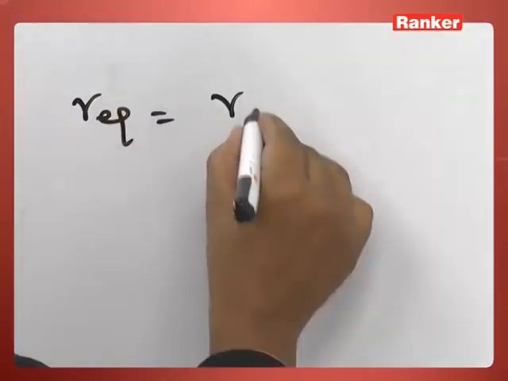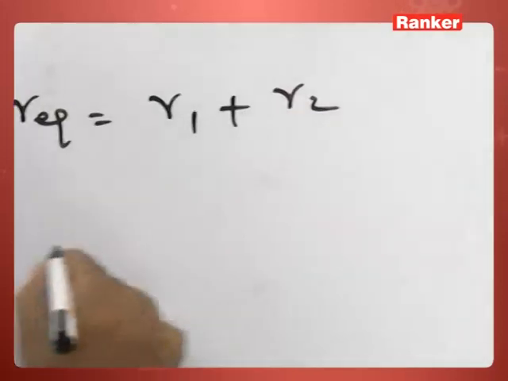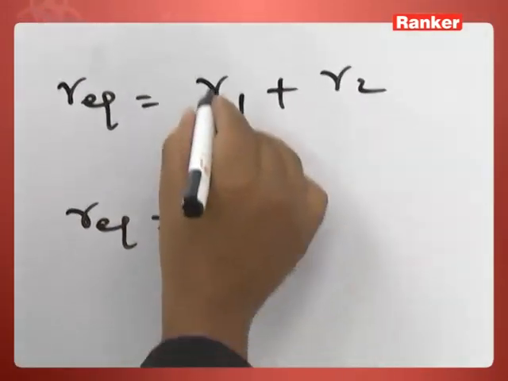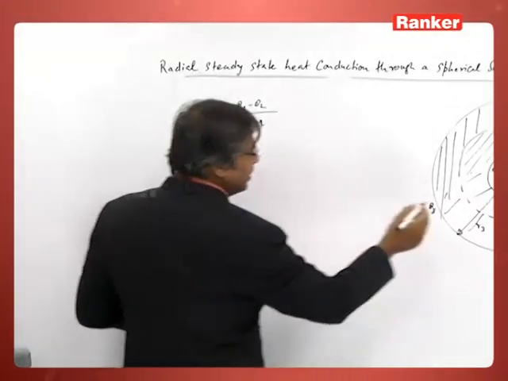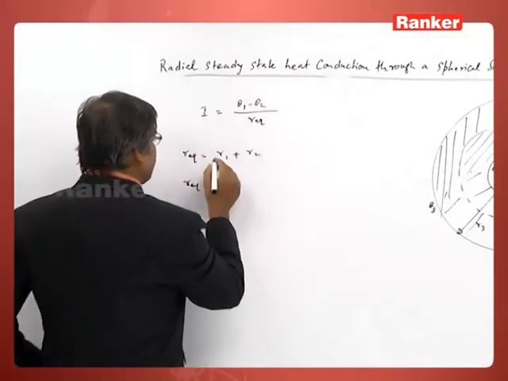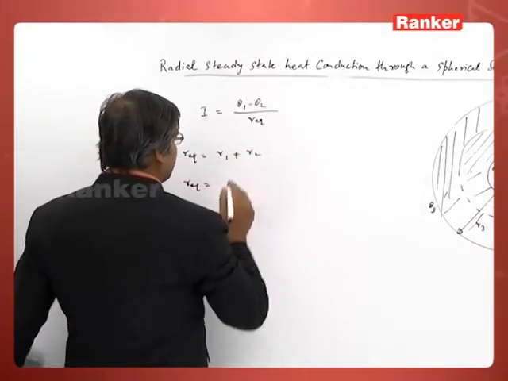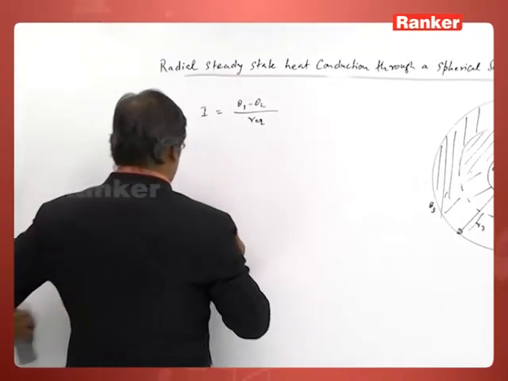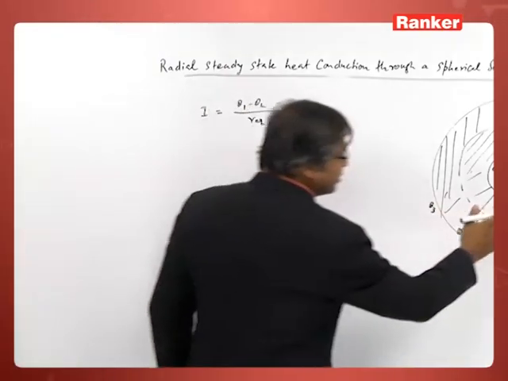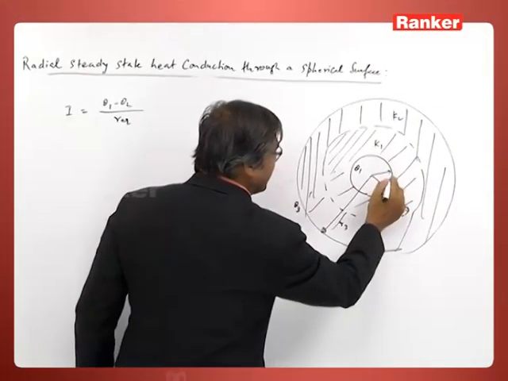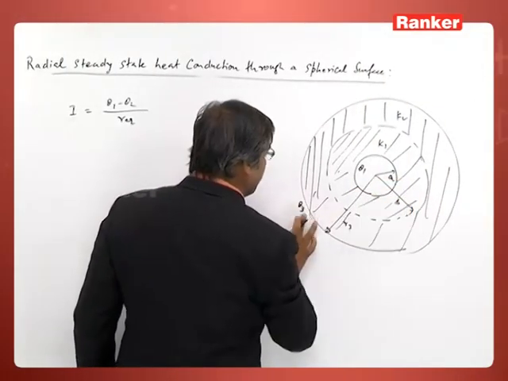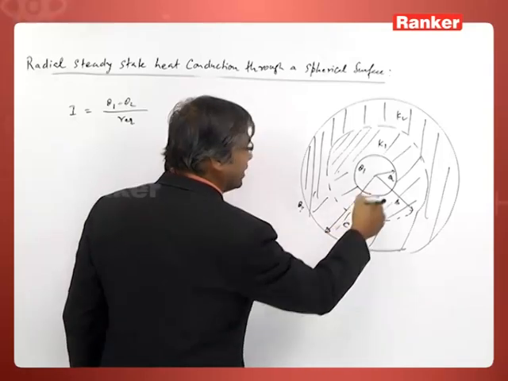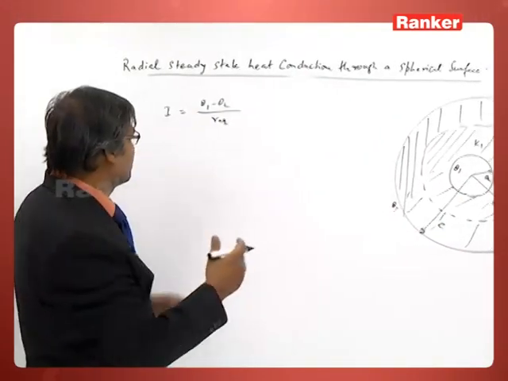For series I have the formula R1 plus R2. Let us label these radii so that they are not confused with the resistances: suppose I say this is A, this is B and this is C, so that it should not be confused with the R's.